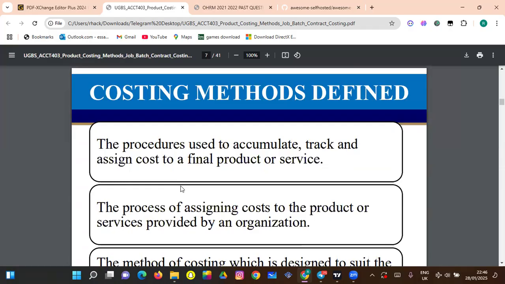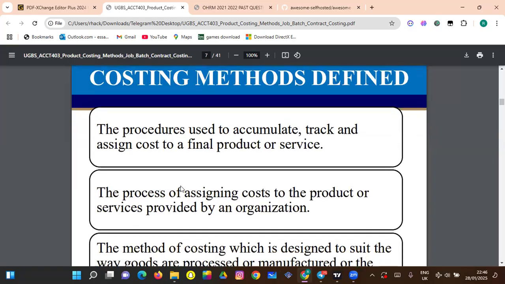Costing methods, what are they? In layman's terms, costing methods are methods that are used to accumulate costs that are attributed to a particular job, a particular batch, or a particular contract.